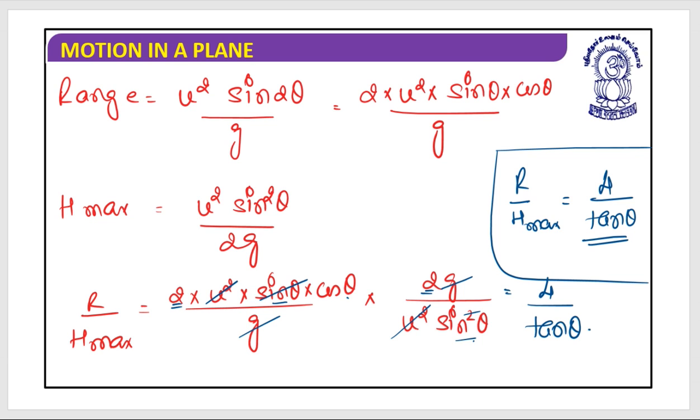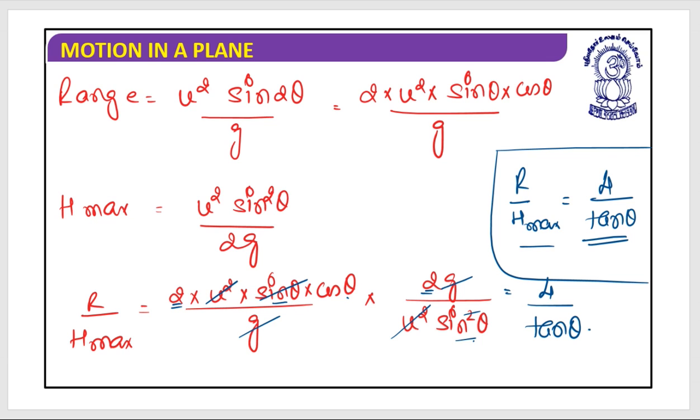We cannot probably call this a formula because these are not fundamental formulas, but these are derived applications, and various competitive examinations ask questions from them. So please write this, we are going to discuss as many as possible.